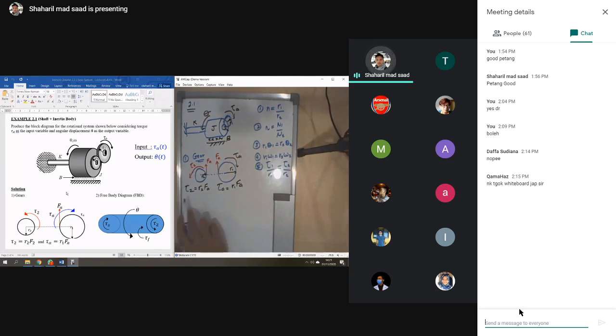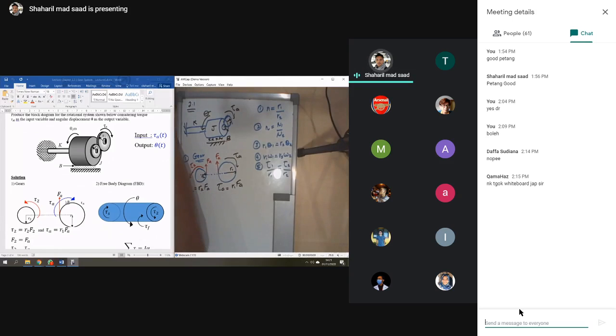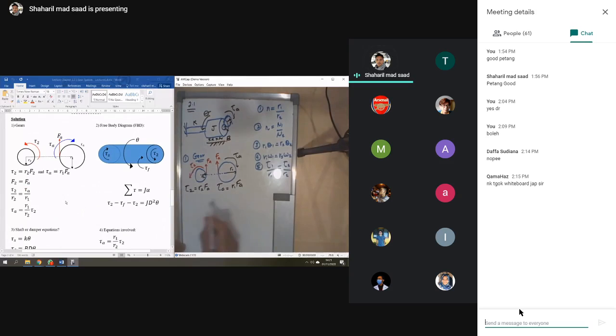So from this we can write the equation T2 over R2 is equal to TA over R1. This is the first equation that we got from the gear.